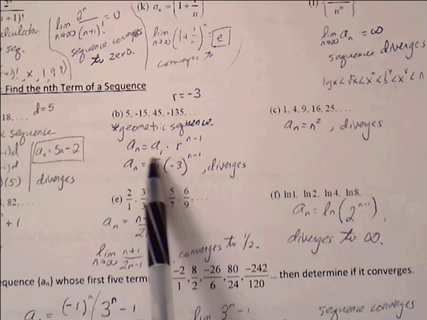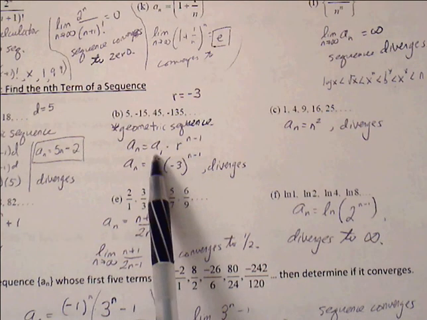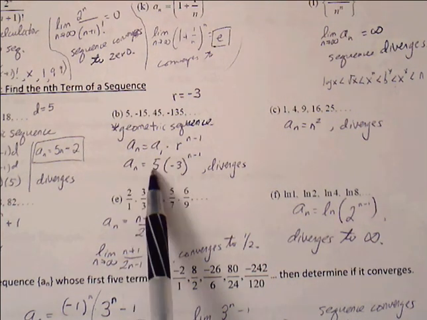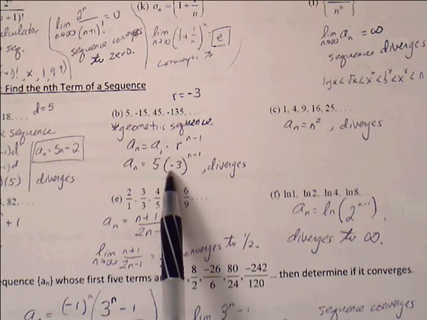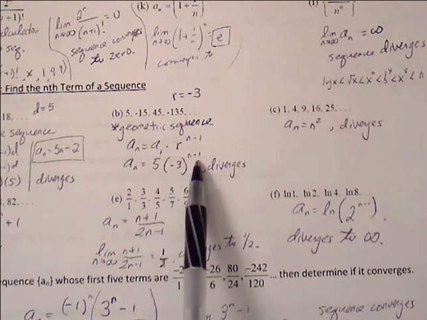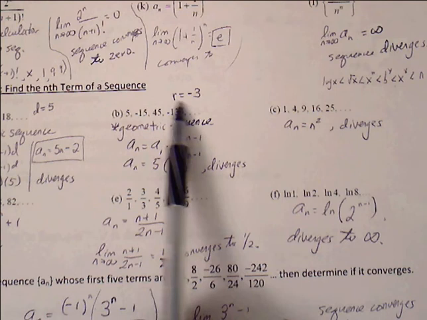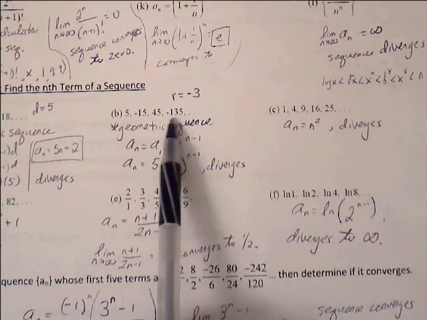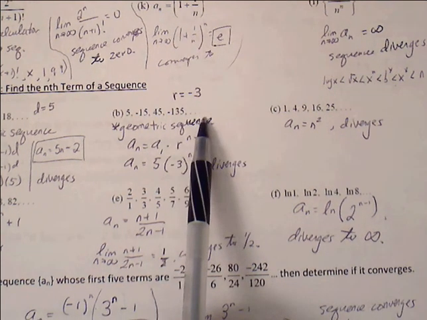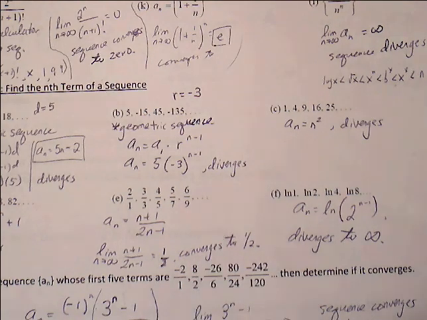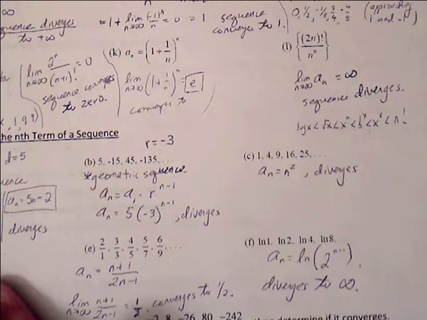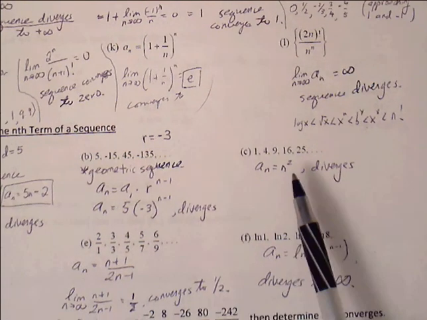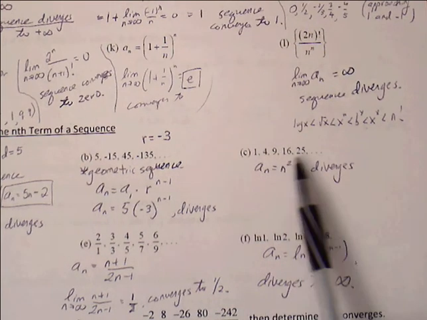And our formula for geometric sequence is a sub 1 times r to the n minus 1. So we simply plug into our formula 5 times negative 3 to the n minus 1. And we can simply see that this will just keep going to positive and negative infinity. So this sequence will converge. Sorry, will diverge.